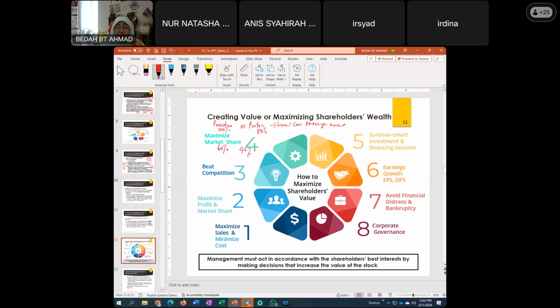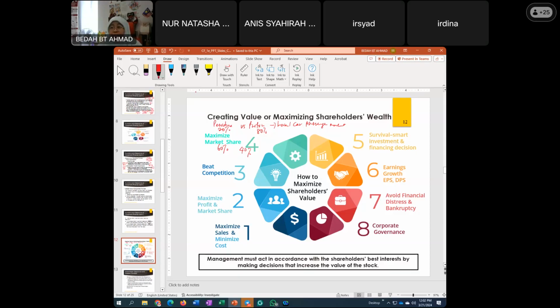So you can see that the 40% local passenger car market share of Proton shrank and was eaten by Perodua. To say 'stolen' is not nice, that is a negative word. It means Perodua successfully took the market share from Proton in the local passenger car market. So now Perodua is leading the local passenger car market. That is how to maximize the market share.